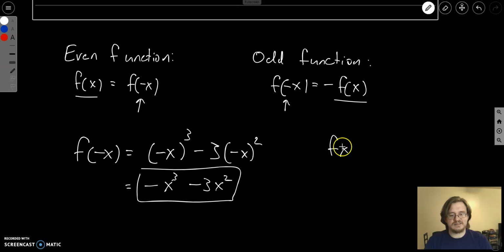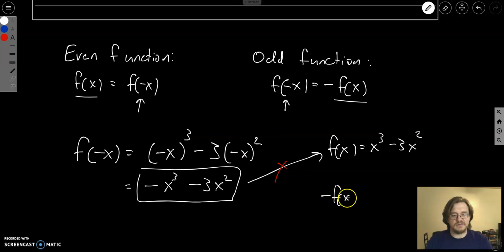But f of x, which we just used, is x cubed minus 3x squared. Those aren't the same. So these guys aren't the same. What about negative f of x?